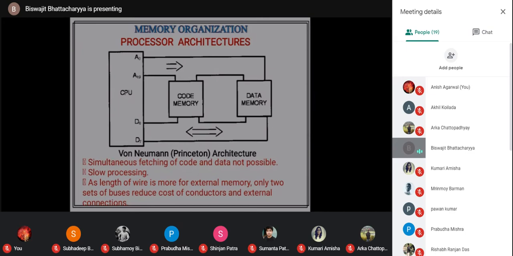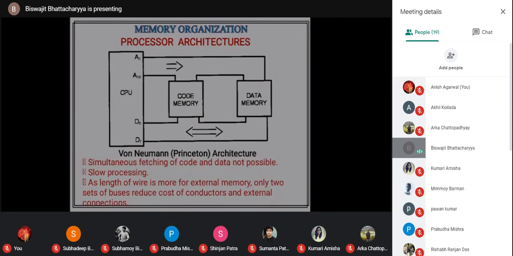Now, as the number of buses is smaller here, only two buses, one address bus and one data bus, that's all, the amount of cost involved will be quite less.